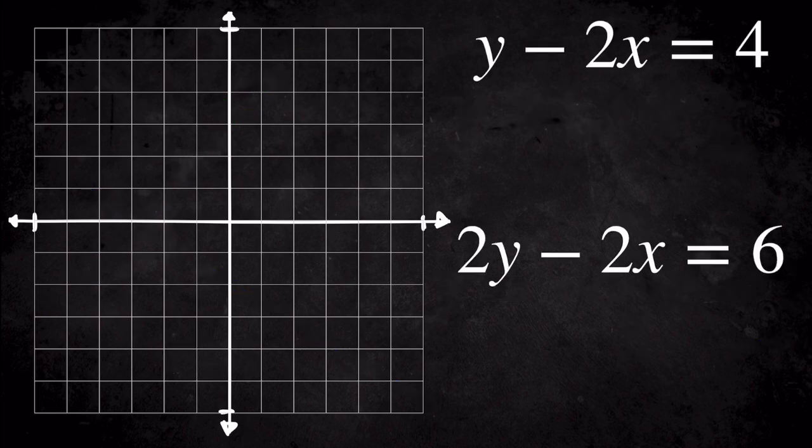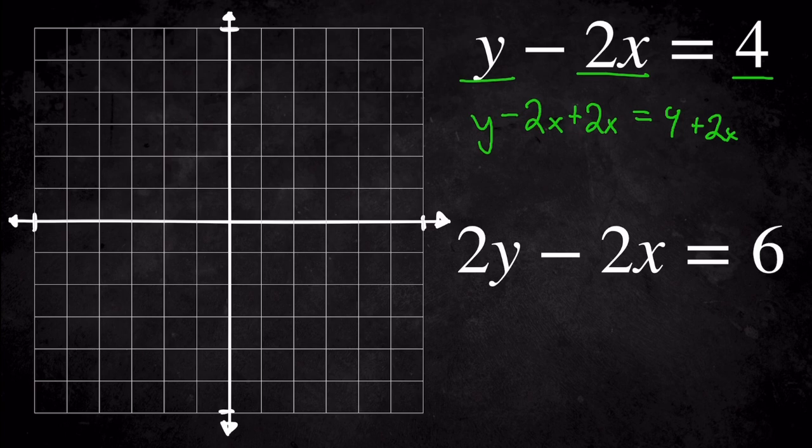Now we have two equations which are not in slope-intercept form. One way we could graph them is to find the intercepts for both and draw a line, or we could solve for the slope-intercept form. I'm going to solve for slope-intercept form for both of them. First, we need to isolate the y, so we're going to add 2x to both sides. So that'd be y minus 2x plus 2x equals 4 plus 2x.